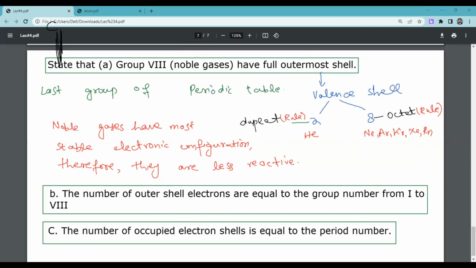This is first A group, this is second group, this is third group, this is fourth group, this is fifth, this is sixth, 7 and 8. All these groups have their B parts. Now in the modern periodic table they also assign group numbers as 3, 4, 5, 6 and 8A is said to be 18.